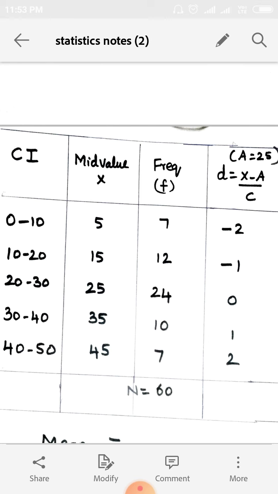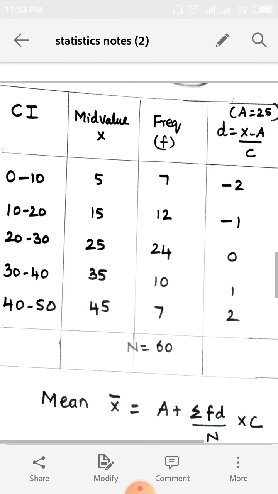Minus 10 by 10 we get minus 1. Next, 25 minus 25 by 10. 25 minus 25 is 0. So the next term is 0. Next, 35 minus 25 is 10. 10 by 10 we get 1. Next, 45 minus 25 is 20. 20 by 10 we get 2.